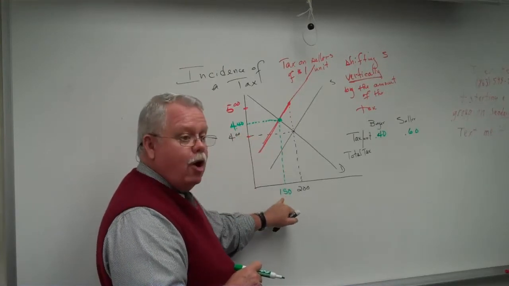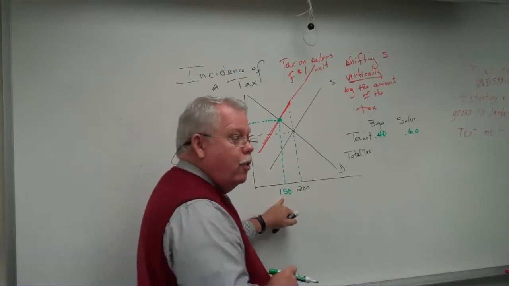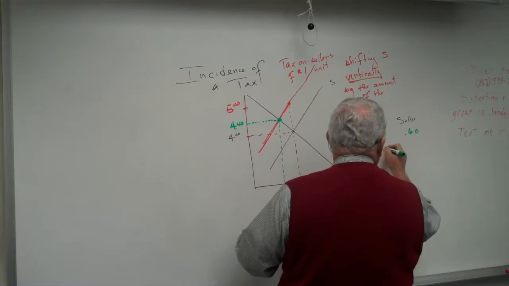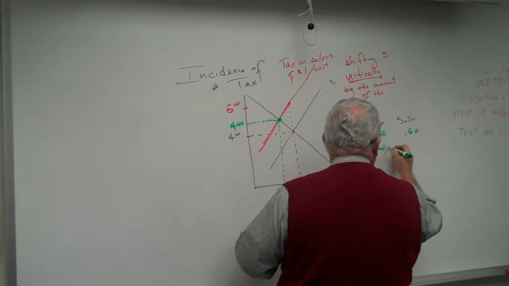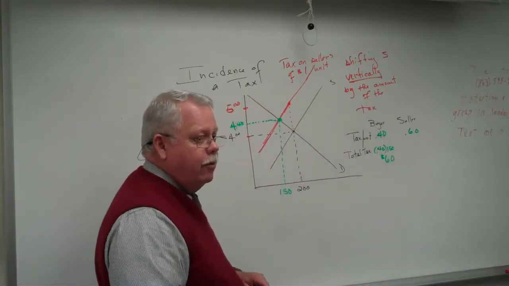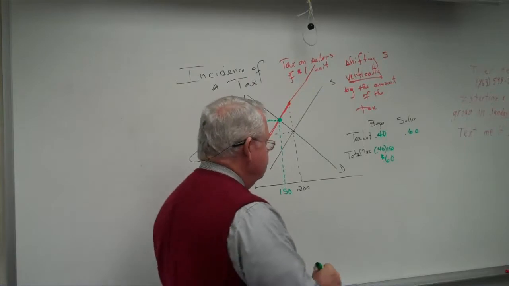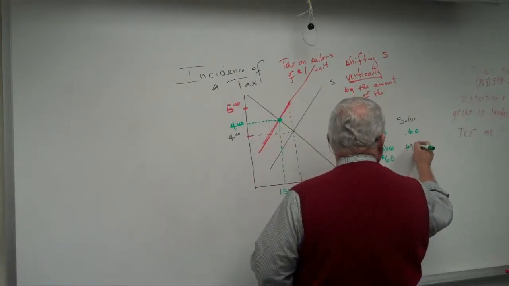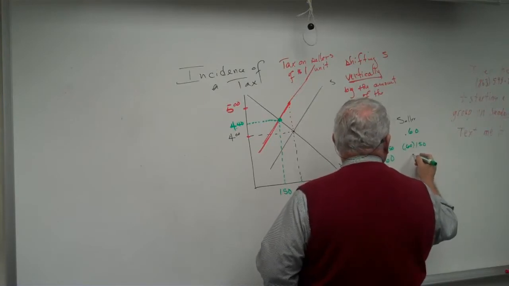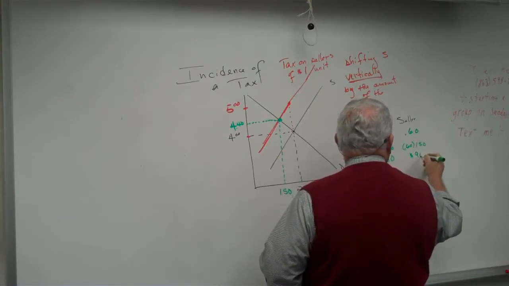He bought 150 units. So he pays 40 cents times 150 units. Let's go ahead and write that this way. So he pays $60. How much tax does the seller pay? 60 cents a unit. Still selling 150 units, so he pays $90.